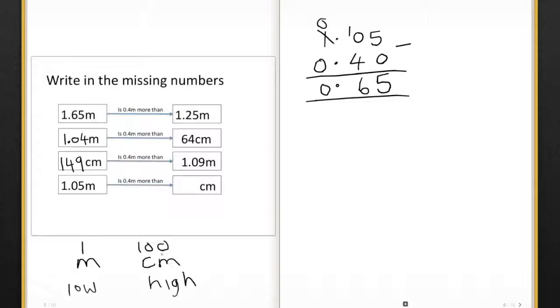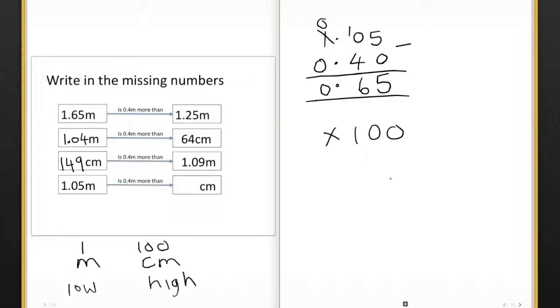So here's the centimetres. 100 centimetres in 1 metre. High number, low number. I'm going from low to high because I'm in metres and I want to get to centimetres. Low to high. To get from a low number to a high number, you times. And I'm going to times it by 100.